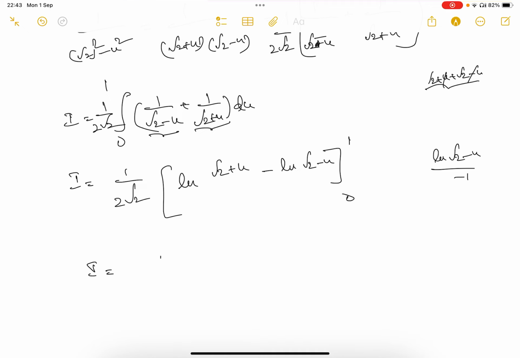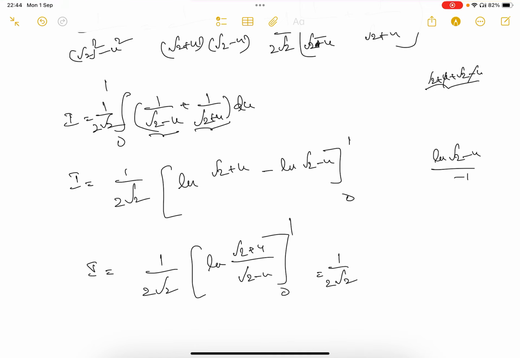So I is 1 by 2 root 2 into ln of root 2 plus u by root 2 minus u. As integration limits are 0 to 1, there is no need to add modulus here because they are positive anyway. So this will be 1 by 2 root 2 into ln of root 2 plus 1 by root 2 minus 1. When u equals 0, it will be root 2 by root 2. Then ln 1 is 0, so it will not contribute. So leave as it is.